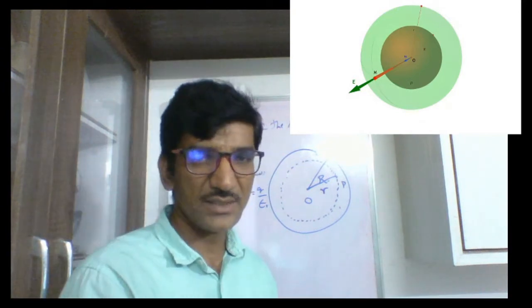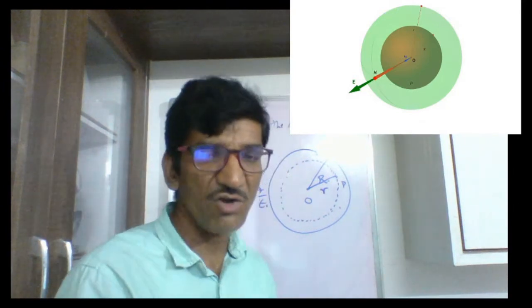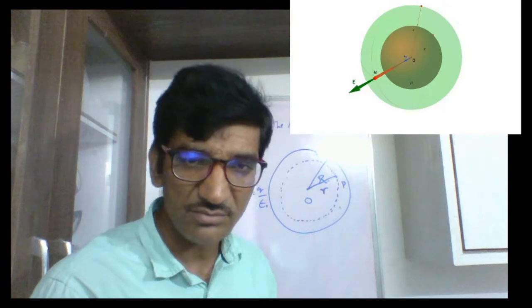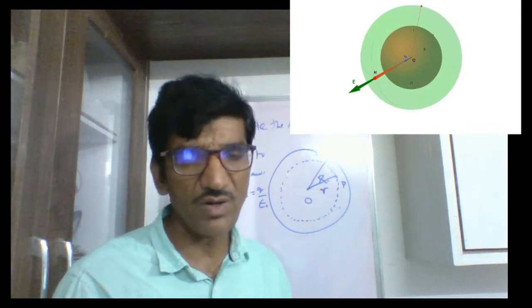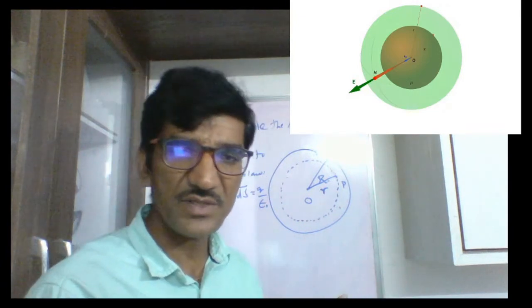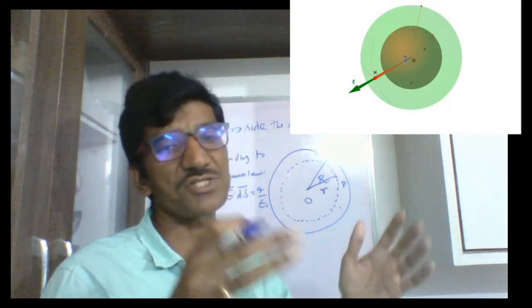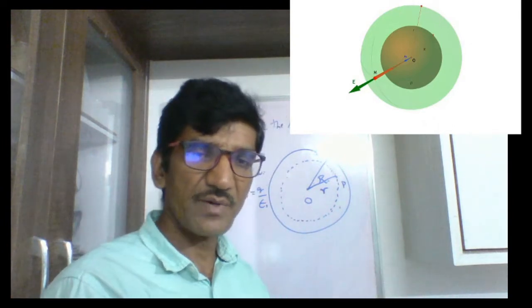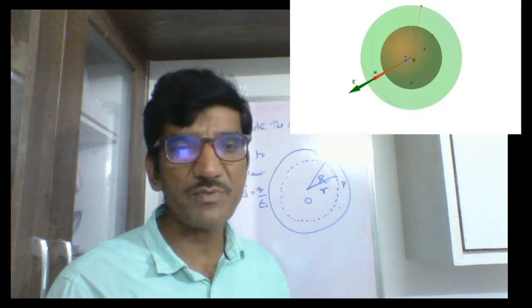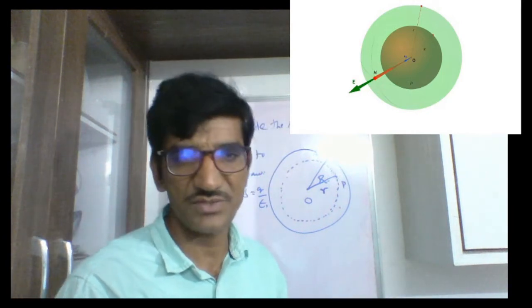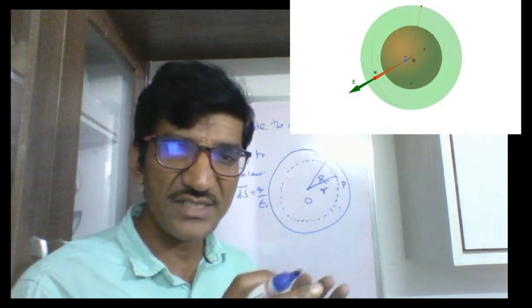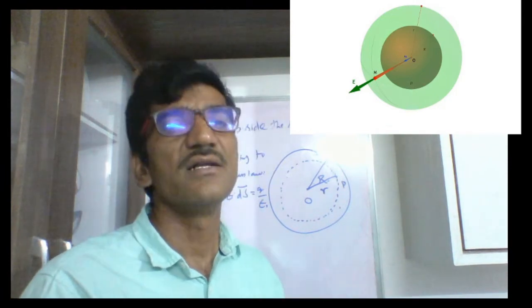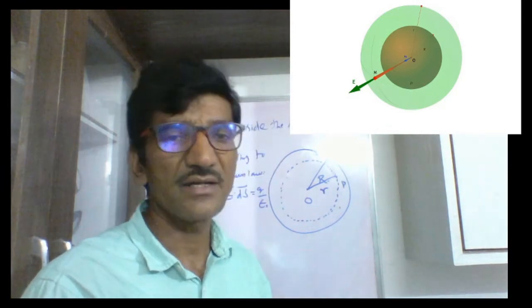How much water can you preserve in a small pot? A small amount of water. You can preserve a large amount of water in a large pot. In a large sphere you can place more charge; in a small sphere you can place a small amount of charge. So our charge under consideration is smaller than in the earlier case.